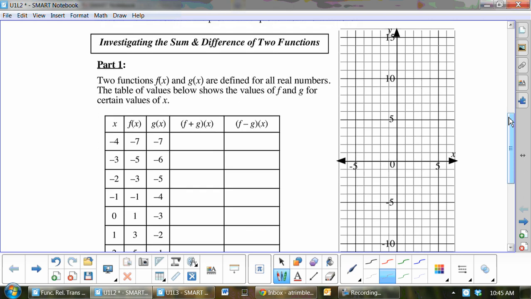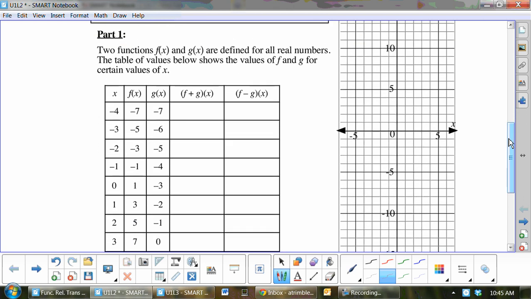Now, what I'm first going to do is graph f of x. So I'm going to do that in a red line. Now, you can tell f of x gives you all these points. These are all lines for this one, and when you are doing lines, you actually just need to know 2 points, then you can draw your line.